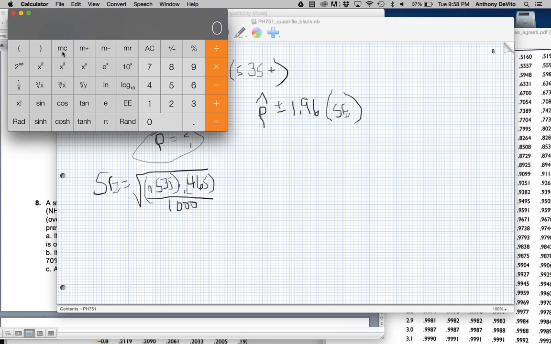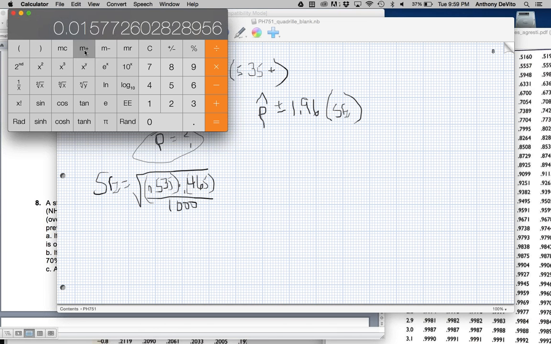Okay, clear and clear. So 0.535 times 0.465 equals this, divided by 1,000 equals this, and then I'm going to take the square root of that whole thing, and we wind up with this for our margin of error.